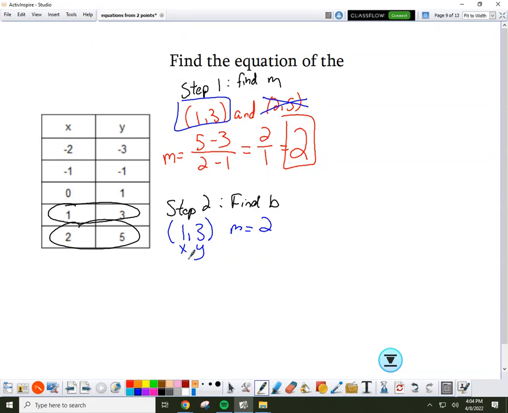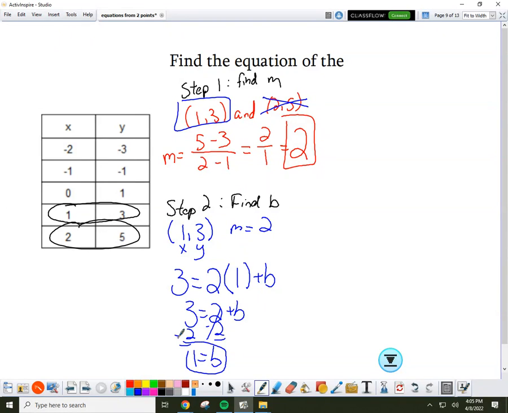Then we plug it into our slope-intercept equation. So we'll have 3 equals our slope, which is m, which is 2. So 2 times x, which is 1, plus b. So 2 times 1 gives us 2. We have a one-step equation, so we're going to subtract 2 on both sides. 3 minus 2 gives us a 1.